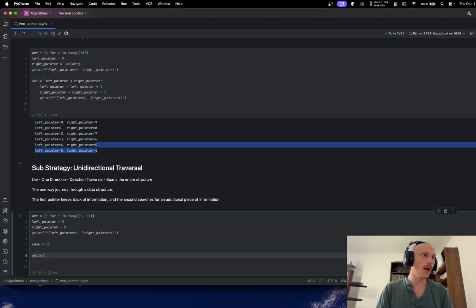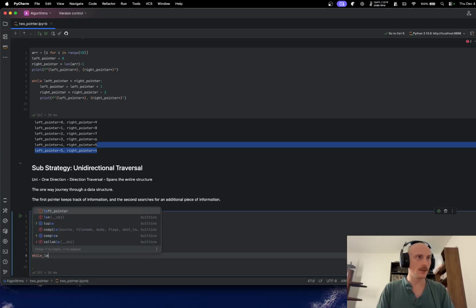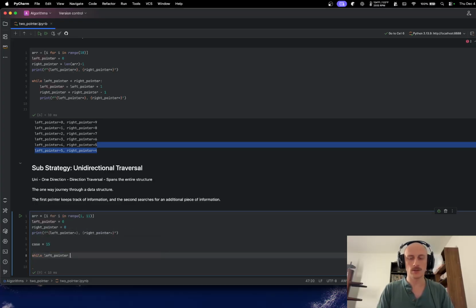So while left pointer, let's do this. While array left pointer plus array right pointer does not equal case.